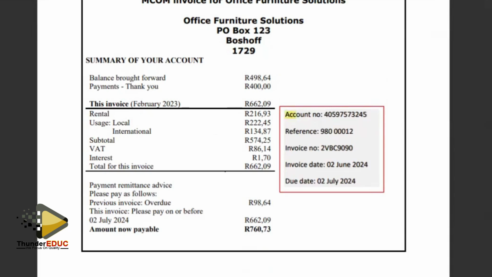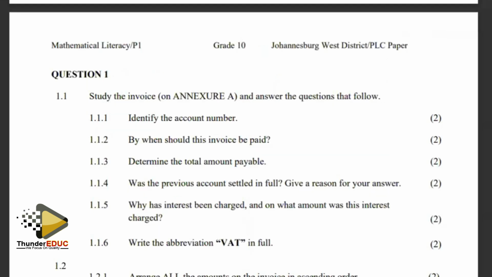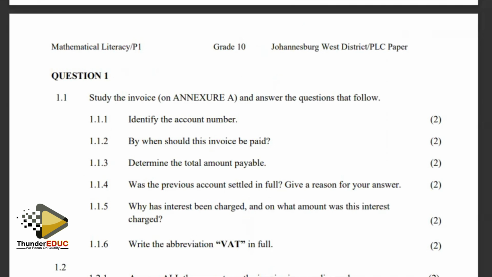Let's look at the account number and write this number down. The number is 40597573245.